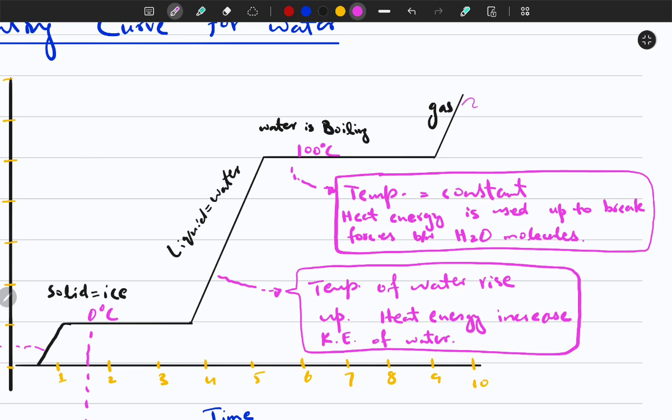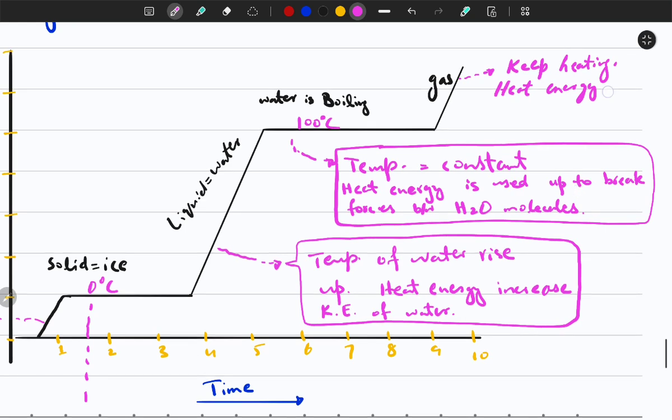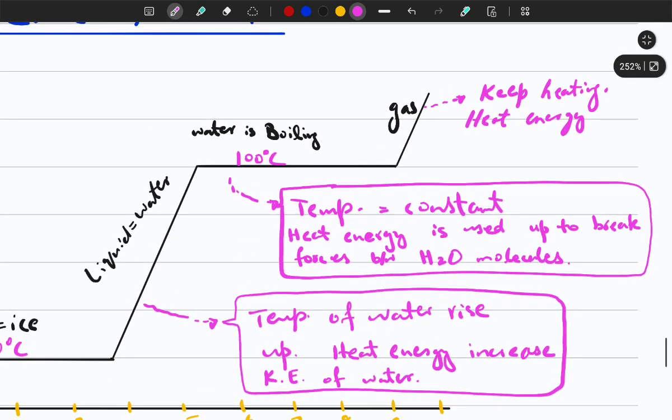So what happens at this point is that you keep heating, and the heat energy would increase the kinetic energy of gas particles or the vapors.